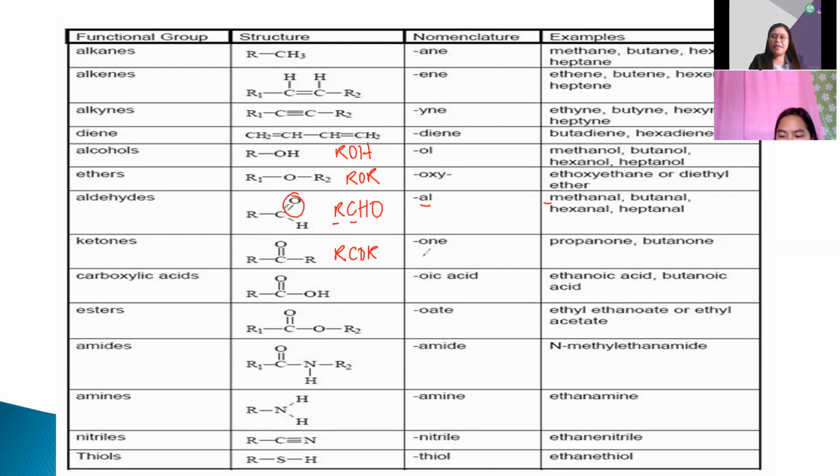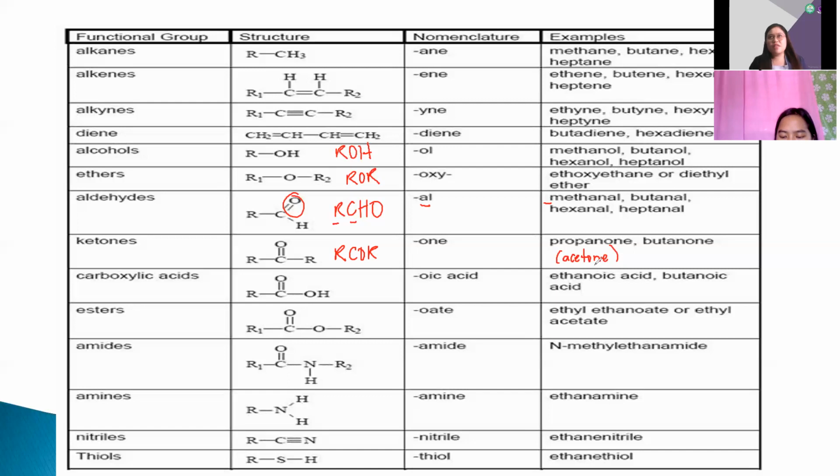So ang name naman nila will end with "-one", like propanone, butanone. Actually, propanone is commonly called acetone.